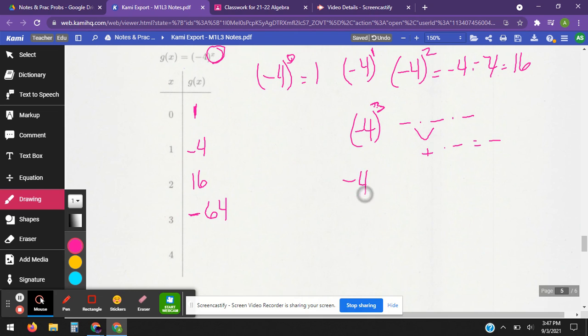And then negative 4 to the fourth power, negative times negative times negative times negative. This one's a positive. These two make a positive, so my answer will be positive. So 64 times 4 is 256.